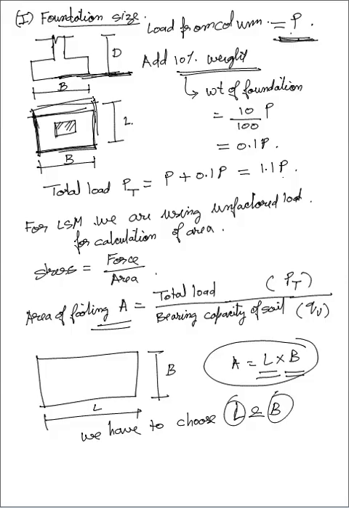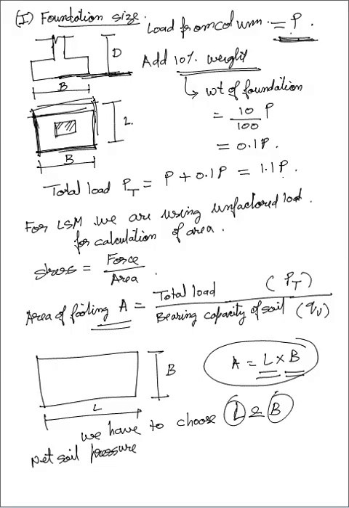So area should not be more, and area provided should not be less either. After choosing L and B, we should know the net soil pressure. Again see, net soil pressure, net means it is not gross, because here we have two things: the actual load from the column and the self weight of the column also.